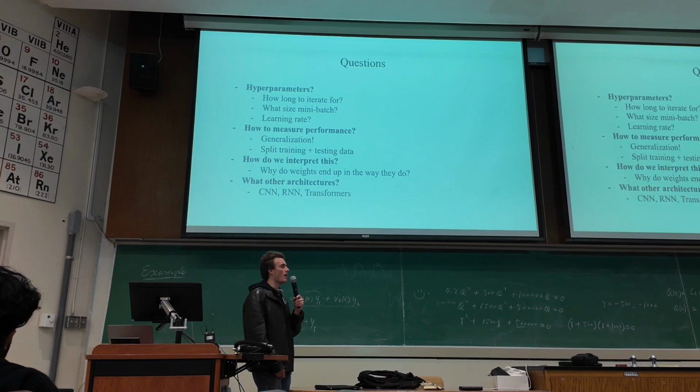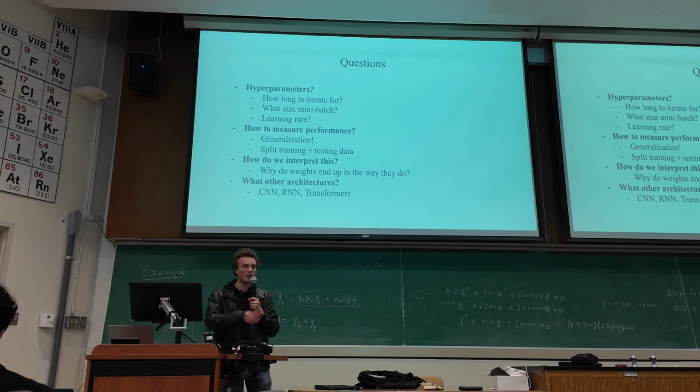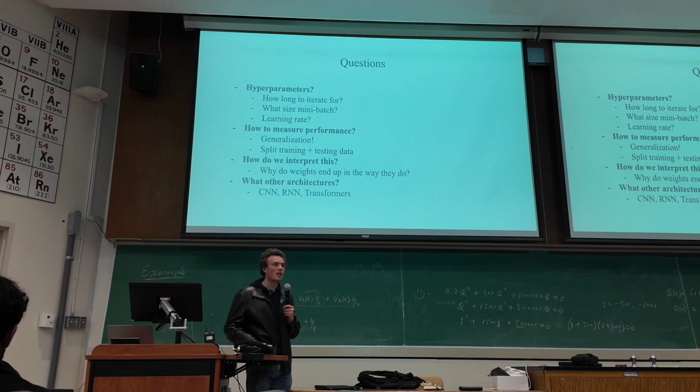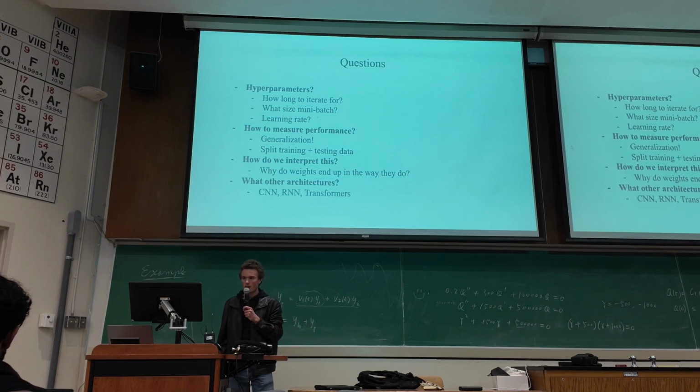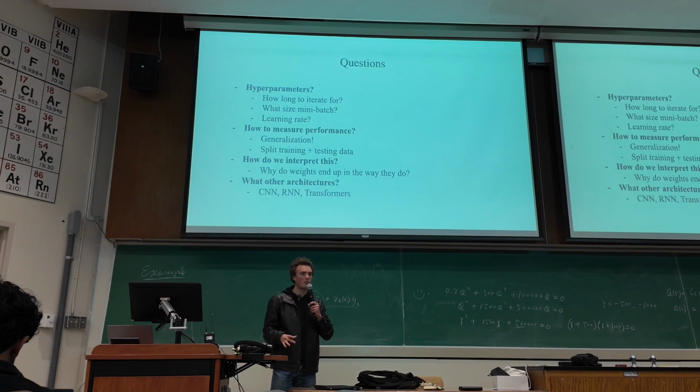So then you might ask yourself, why do weights end up the way they do? Why did this weight end up as 1.2 instead of 2.5? Or like you were asking, Casey, how many minimums are in the loss function, and what does that mean exactly? One thing that has been a large area of research is interpretability, because neural networks seem from the outside a lot like a black box.